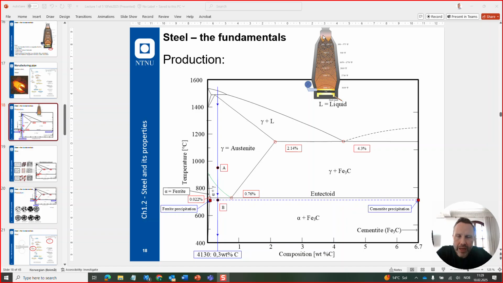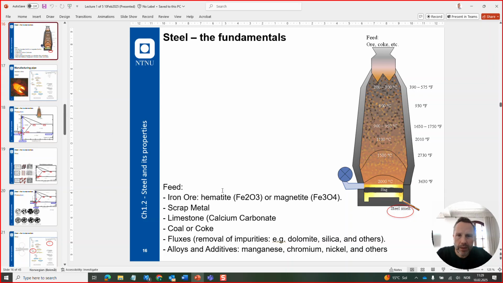And adding that as a side comment, what we call rust, the corrosion product of steel, would be these two, hematite and magnetite, which will be what we are producing steel from again.